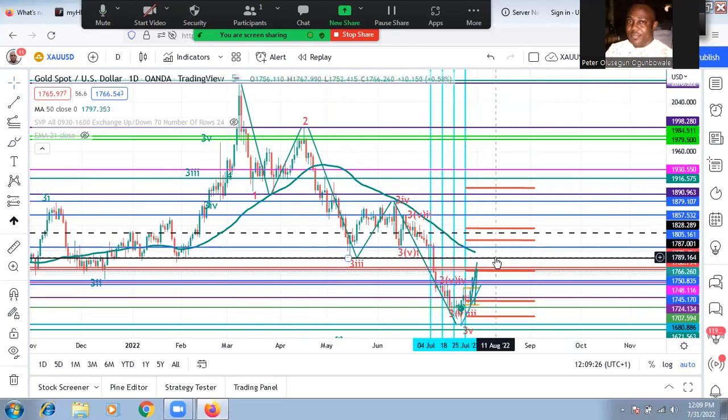So this point will be huge for price. If I were you, this is the level where price may fall back and still go back to the downside. But once we break this side to the upside, then something has changed for us.